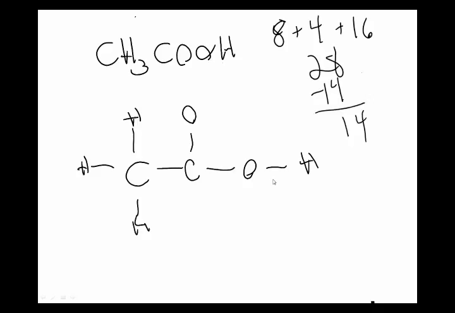I feel like I miscounted somewhere. I doubled oxygen. I wasn't thinking right with oxygen. Each oxygen only has 6, so that's 12. There we go. That's better. So it's 24 minus the 14 used in the molecule is 10.